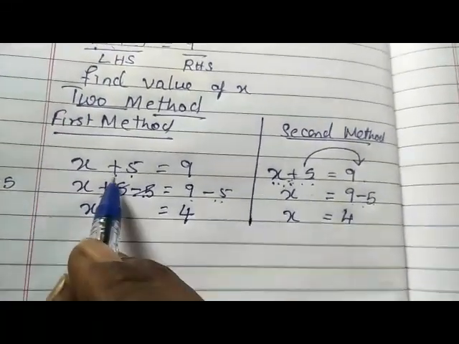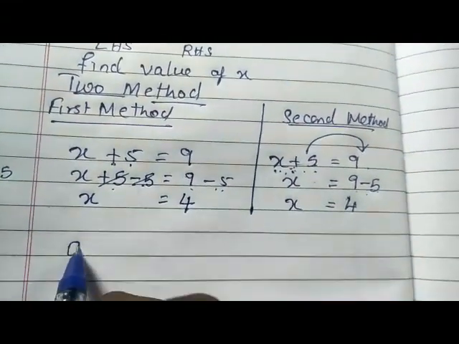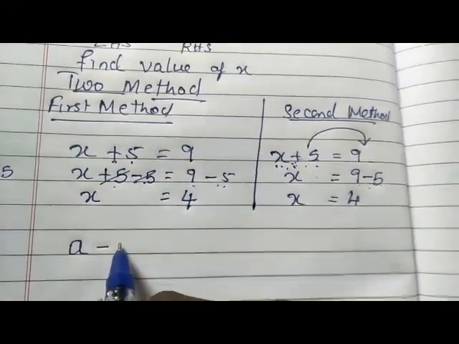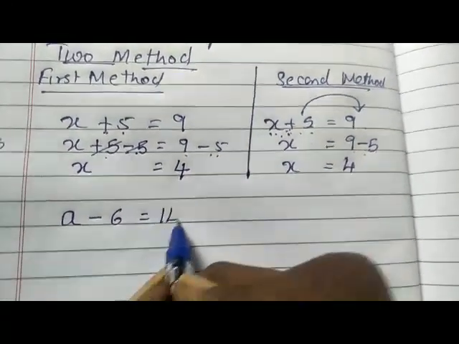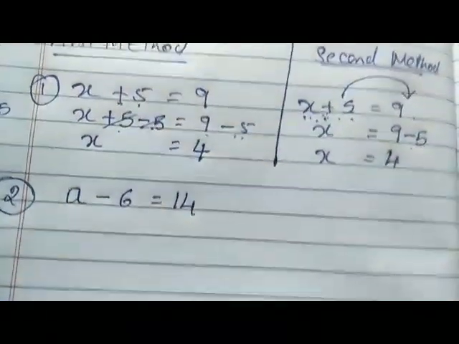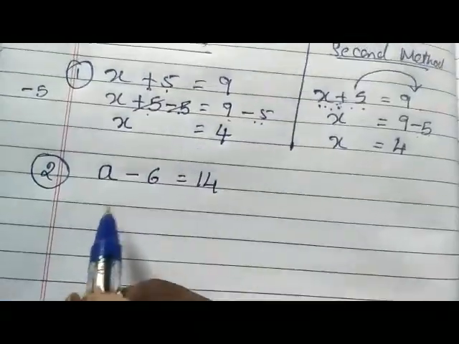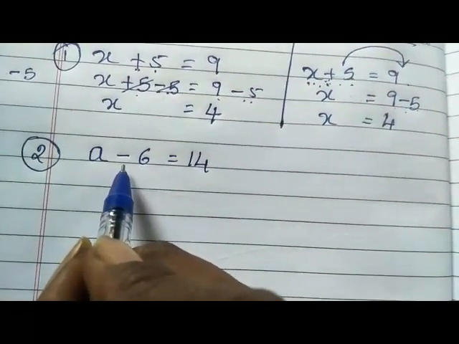Let's do another one which has a negative sign. Let's say a minus 6 is equal to 14. This is the second one. Let's do it with the first method. Which number do you have on the left side?